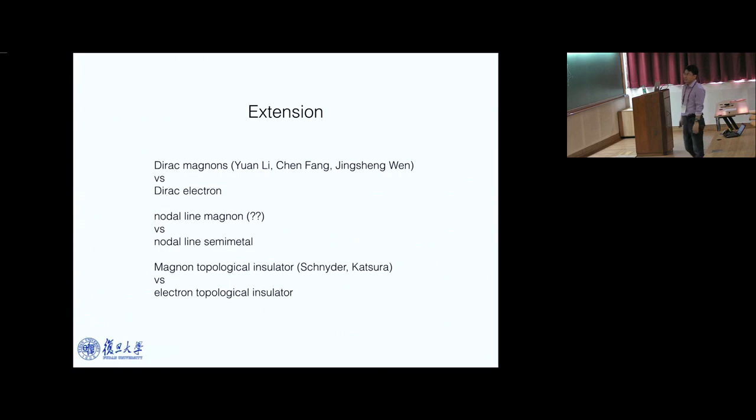Don't take that seriously. This is just saying you can define a similar topological invariant for a magnon spectrum versus these electron topological insulators. Yeah, it's a property of the band.